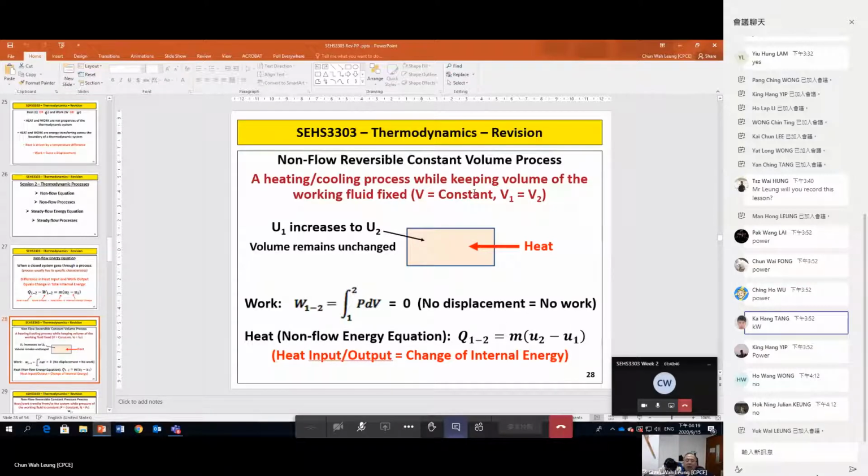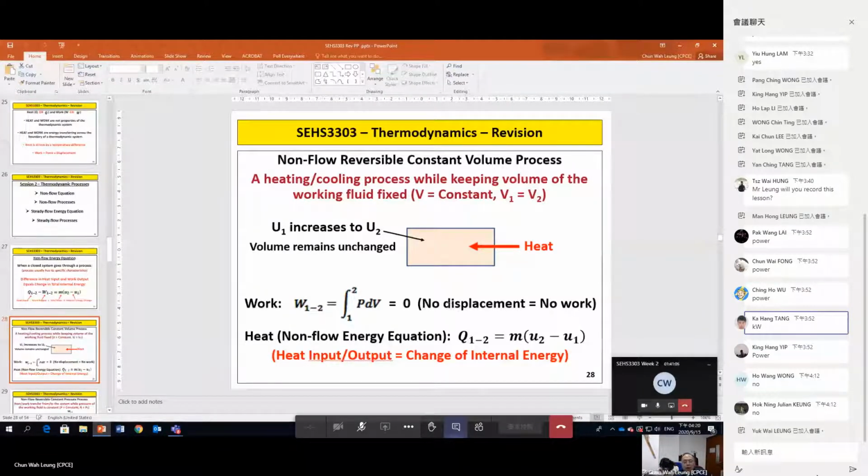So therefore, for a constant volume process, 0 work. We can prove it using Newton's second law. Newton's second law says that work equals force times displacement.